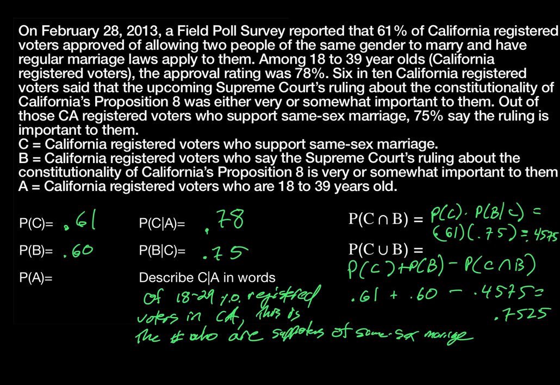C or B, that is California registered voters who support same-sex marriage, or say that the ruling is important to them, will be the two added up, which includes the intersection.